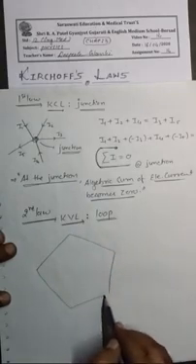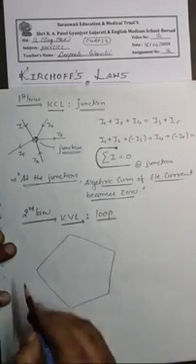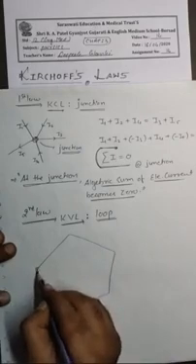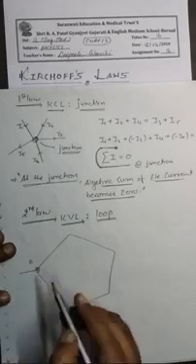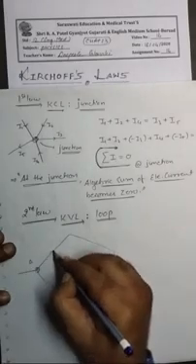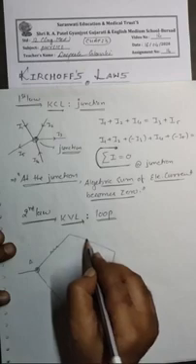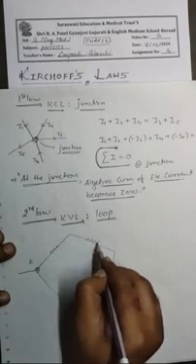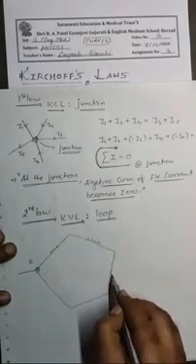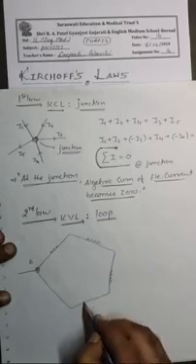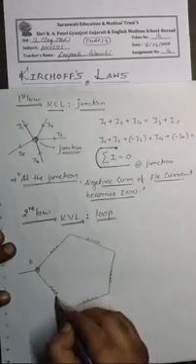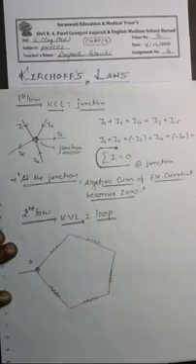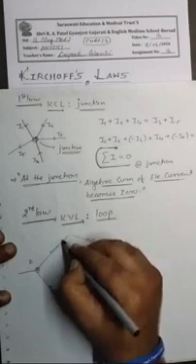Got it? So this is the starting point, that is A. Here there are resistors. You have to put two batteries, two cells.